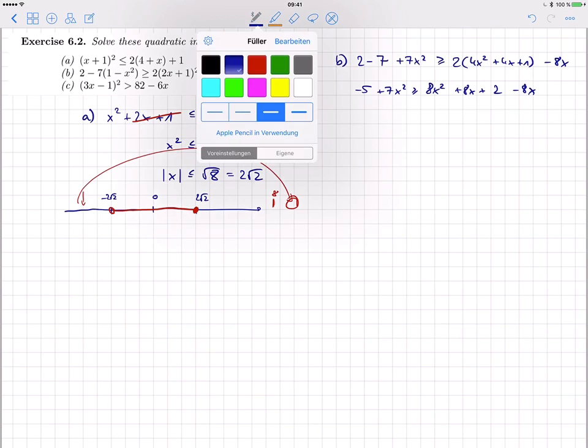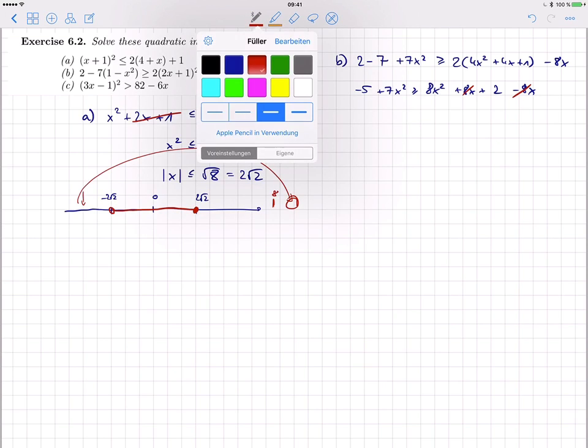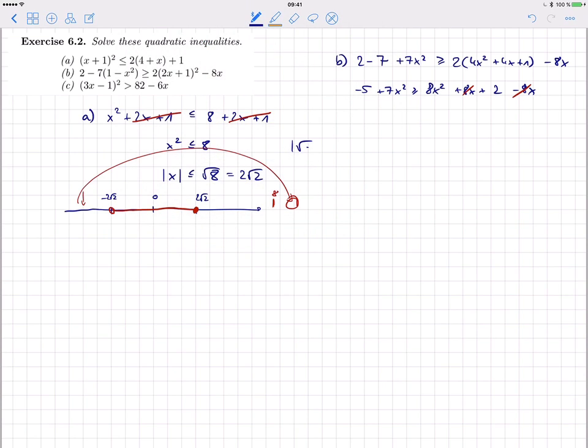The 8x gets subtracted anyway. And we can subtract 7x squared to just have x squared on the right-hand side. And we also subtract 2 to get minus 7 greater than or equal to x squared.